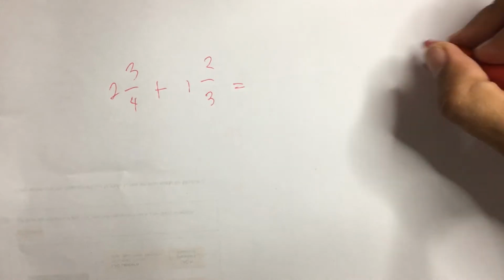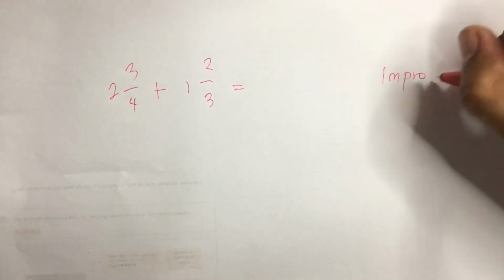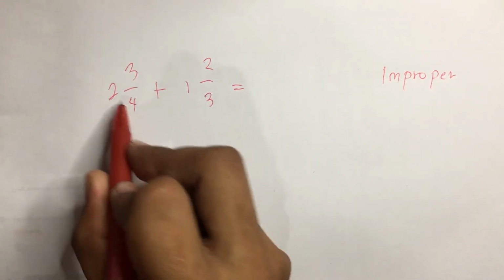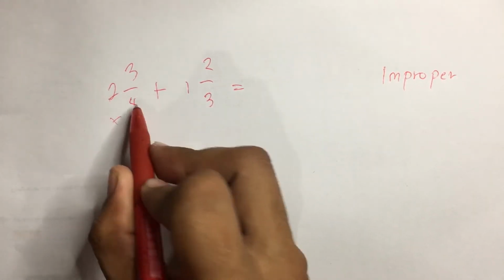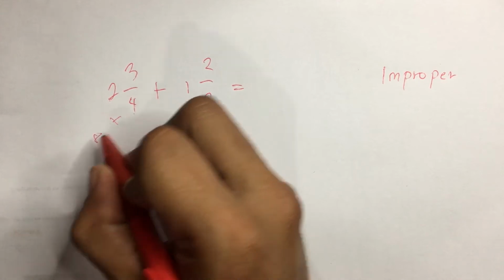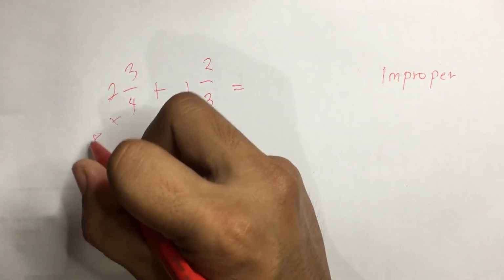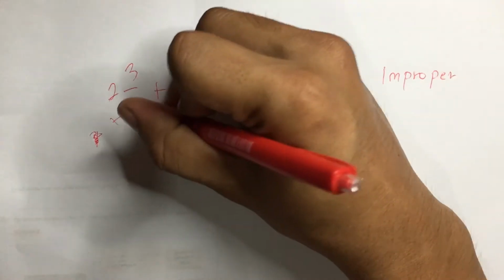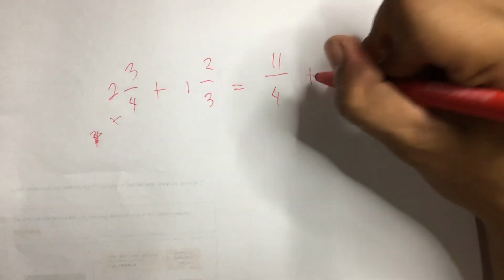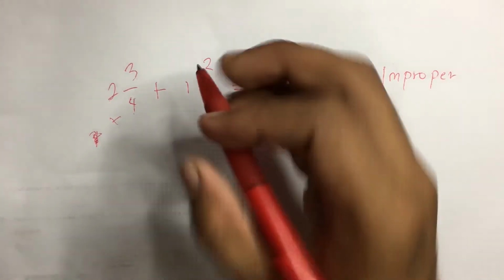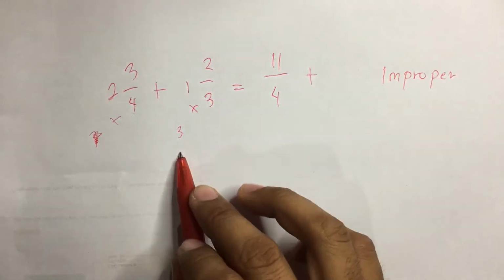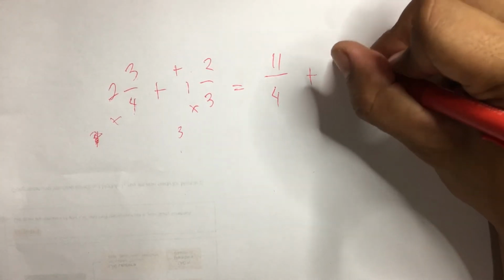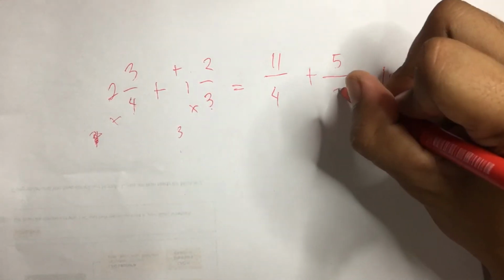In this case, we have to transform these first into improper fractions. 2 times 4 is 8, plus 3 is 11, so 11 over, copy the denominator 4. Next, plus 1 times 3 is 3, plus 2 is 5 over, copy the denominator 3.